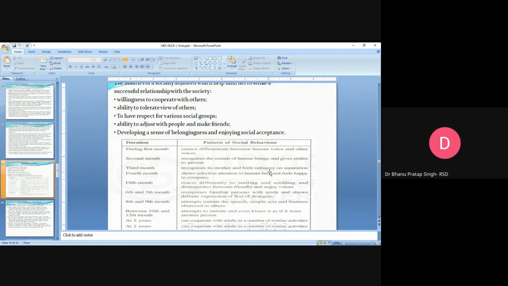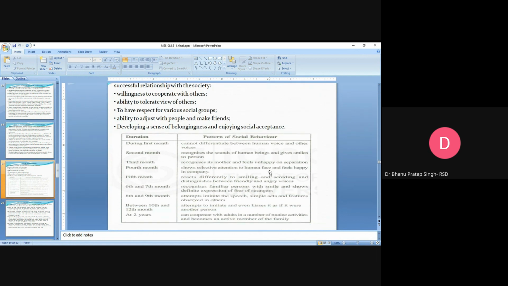So this is a kind of table which shows the developing stages, meaning which kind of social behavior should develop in the child. During the first month, the child cannot differentiate between human voice and other voices. In the second month, it recognizes the sounds of human beings and gives a smile to a person.